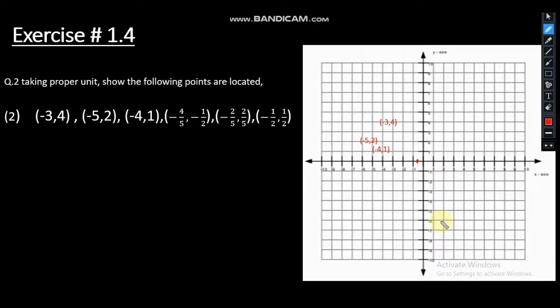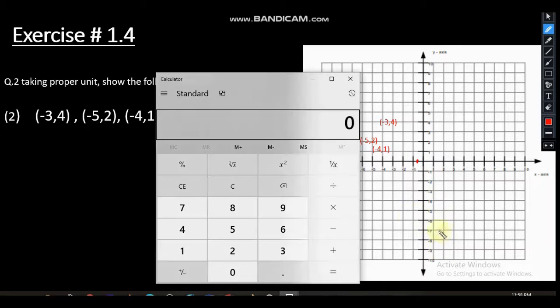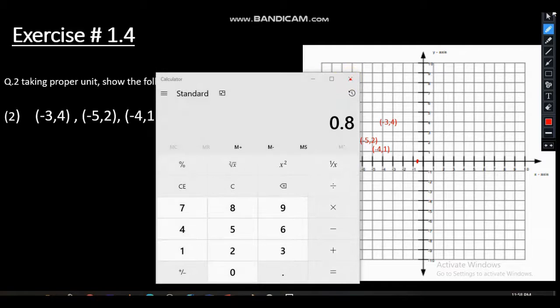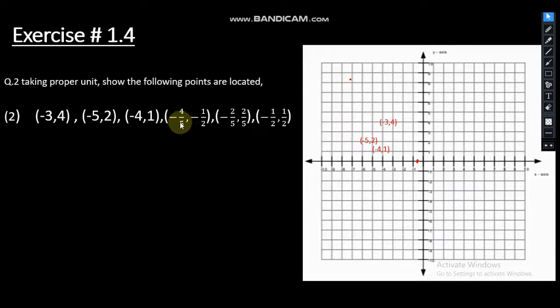If we divide 4 by 5, its value is 0.8, so minus 0.8 is in this direction, and 0.5 here and 0.8 here, so we can write in this quadrant. Both are negative, so we can write here in this direction.